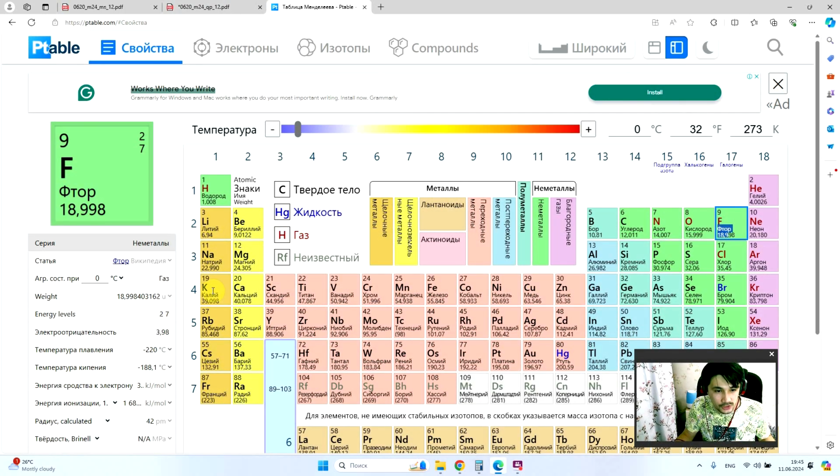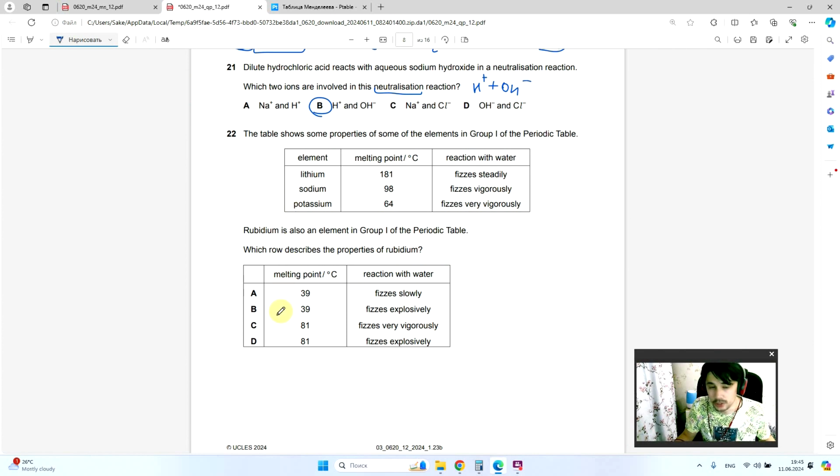Lithium, sodium, potassium, then goes rubidium. Yep, it's about trends. So as you see, melting points down the group decrease, and melting point of rubidium should be lower than 64, so you can cancel out options C and D because their melting points are out of the trend.